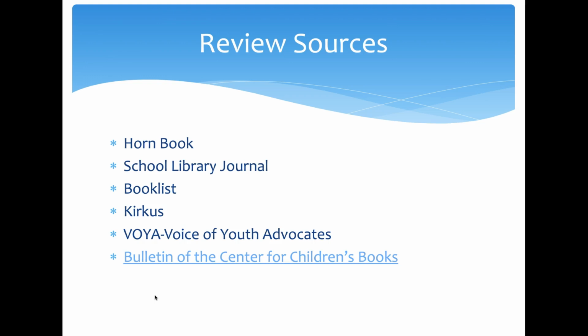Hornbook and School Library Journal also include other interesting articles. Hornbook a little more in depth, School Library Journal not as in depth, and less literary and more about librarianship, which is good also. Booklist is another publication. I don't use Booklist as much, but it's another publication that you can look into.